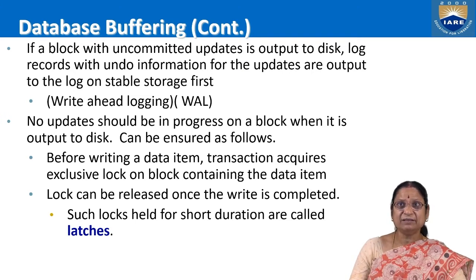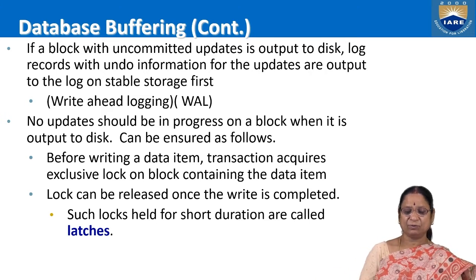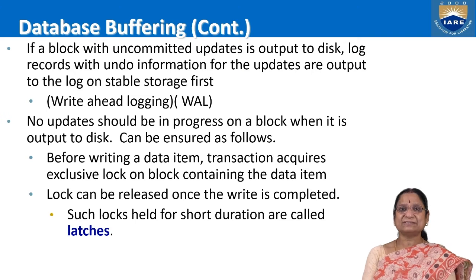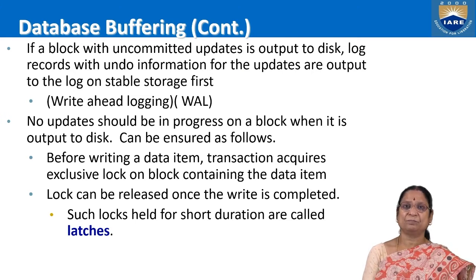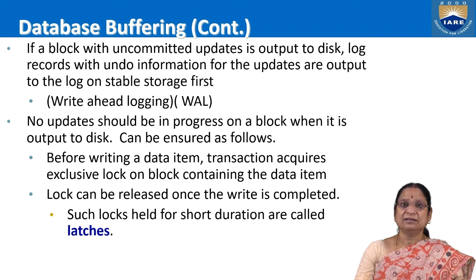No update should be in progress on a block when it is output to the disk. So how to ensure it actually? The process has to be stopped or suspended. Before writing a data item, the transaction acquires an exclusive lock.